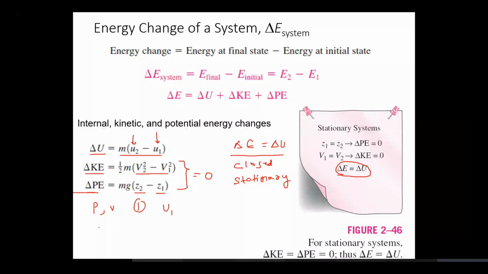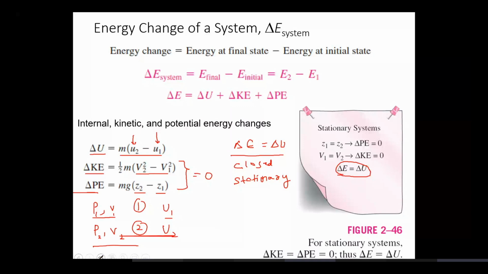For a system of, let's say, air or nitrogen or another gas, if these two states are fixed, you can find the internal energy at state 1. Similarly, if you have another state, you will have another pressure and specific volume, you can find the value of internal energy at state 2 using the tables that are given to you. Clear?